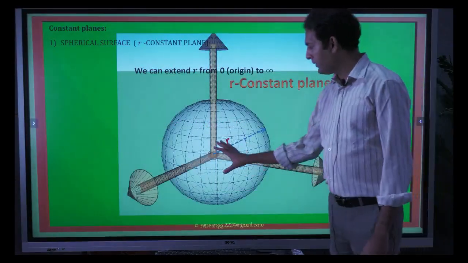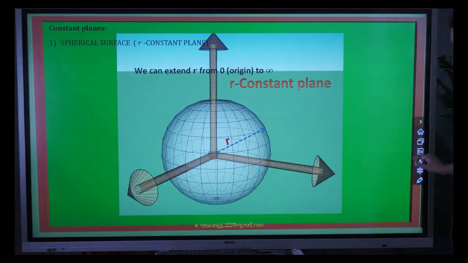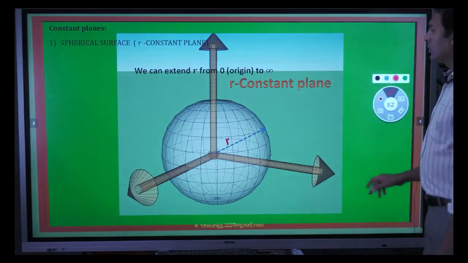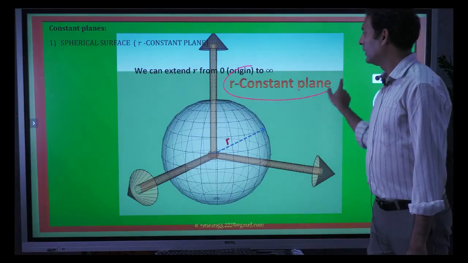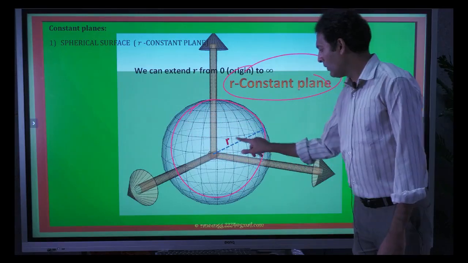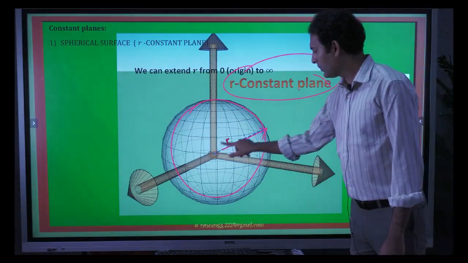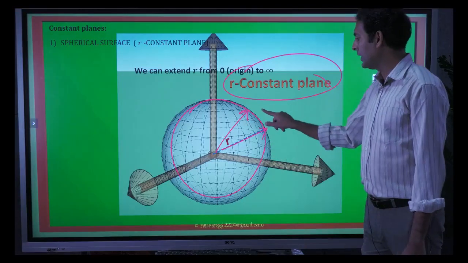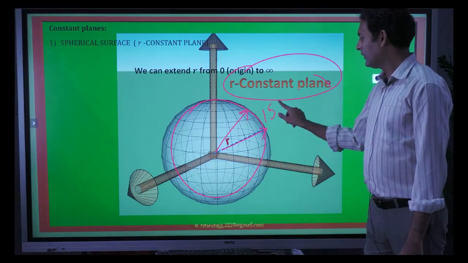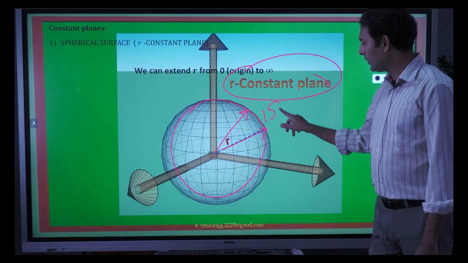Now we will discuss the constant planes. First is the R constant plane, where the radius is constant. So the outermost shell, the sphere shape, will have a constant value for radius R. Suppose my sphere is of radius 15. Then at the outermost shell, what will be the value?